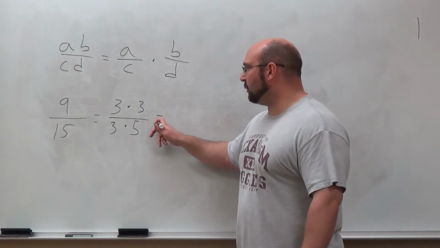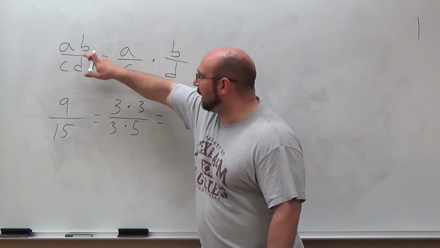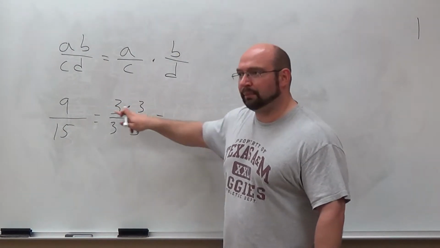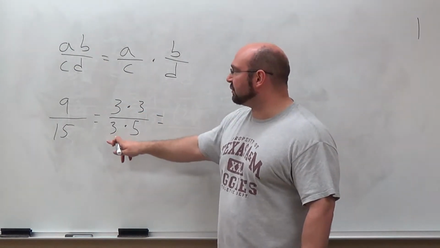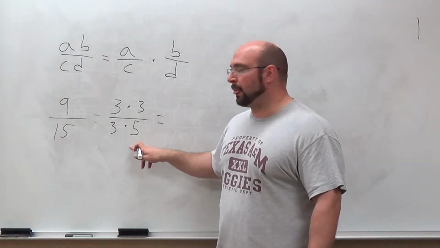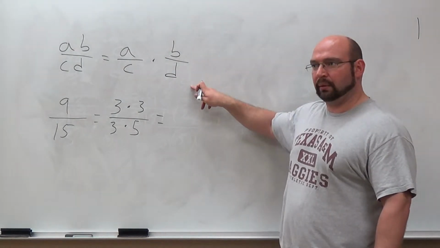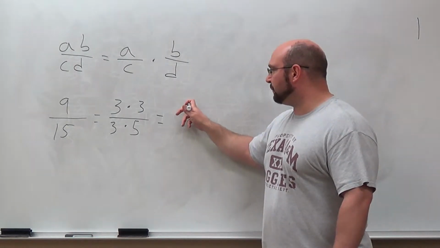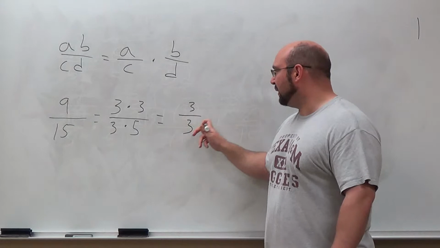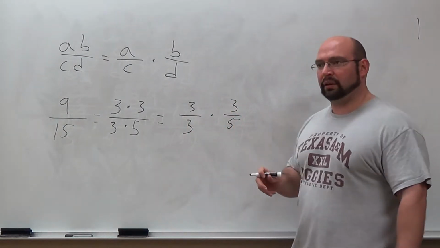Okay, now at the same token, here's my AB, this is my CD section, all right? So now I'm going to break this up into my AC and my BD. So this becomes 3 over 3 times 3 over 5, right?